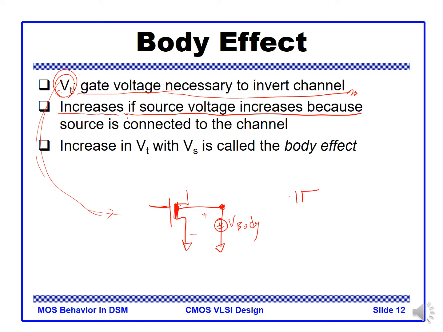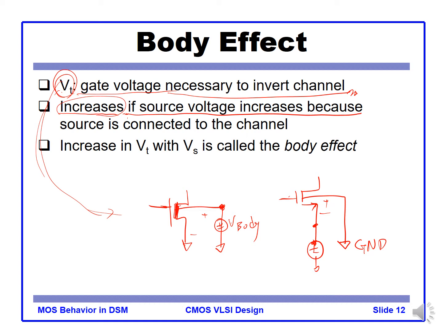So for digital design, we will have all the bodies tied to ground. If the source voltage is changed, the relative voltage will be different between body and source. So if we have a higher source voltage, then the threshold voltage increases.